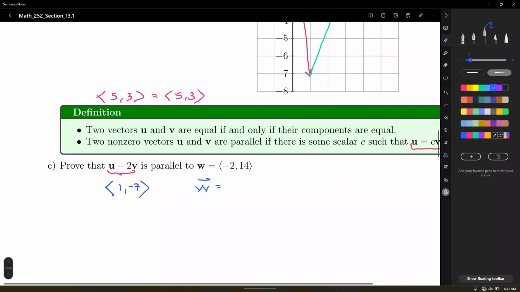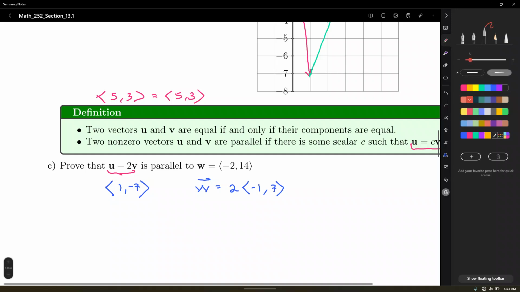What do you notice about them? It's a double of it, right? So I can factor out the number 2. That's going to turn into 2 times 1, negative 7.